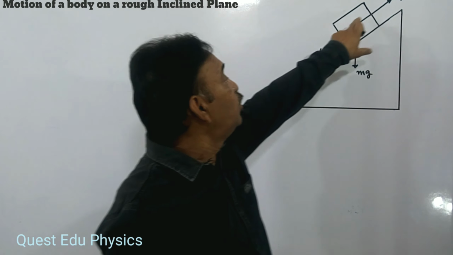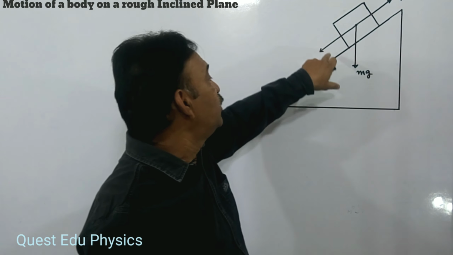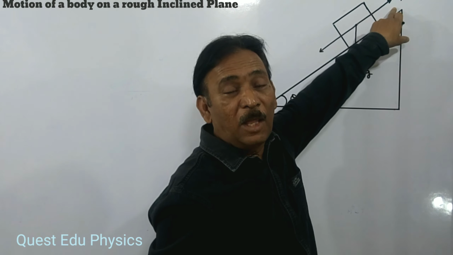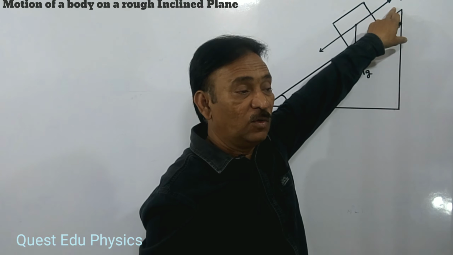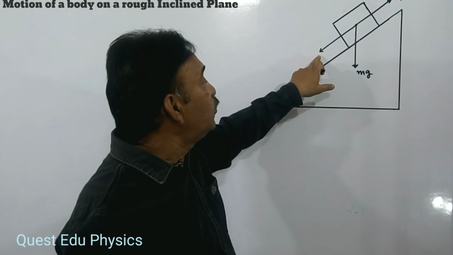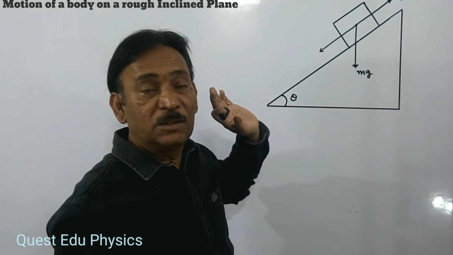The difference of these two forces provides the motion. The difference between these two forces, the driving force and the opposing force, I mean the frictional force, makes the body move. To find this force, we are resolving the weight of the body into components.